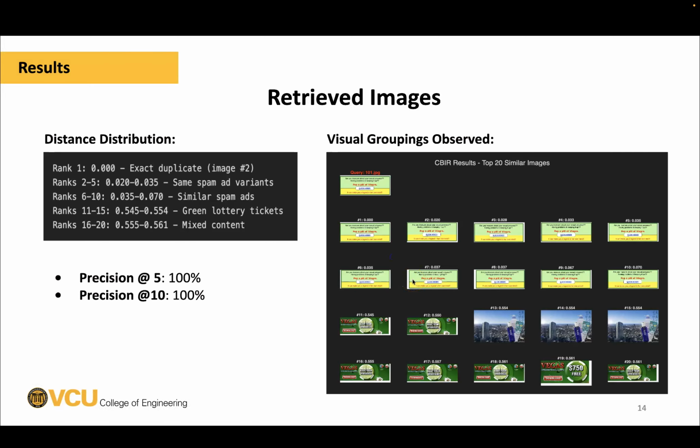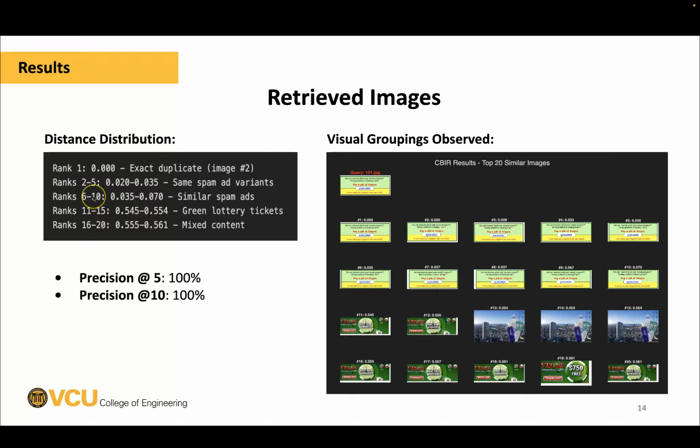Here we see the top 20 retrieval results for our query. And our system does exactly as we expected from the histogram analysis, where the first result here has a distance of 0, meaning we found an exact duplicate of our image.